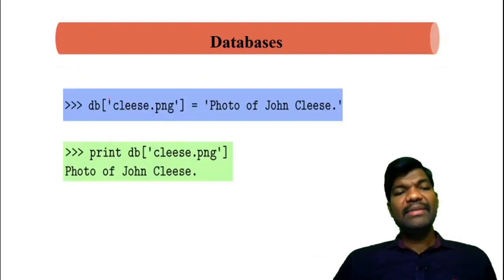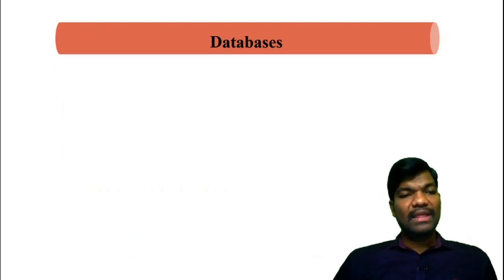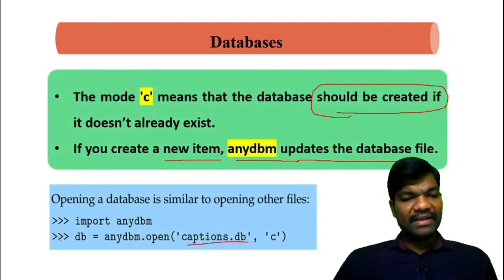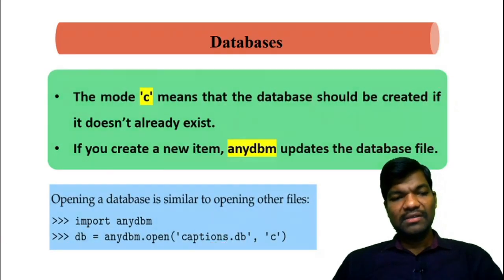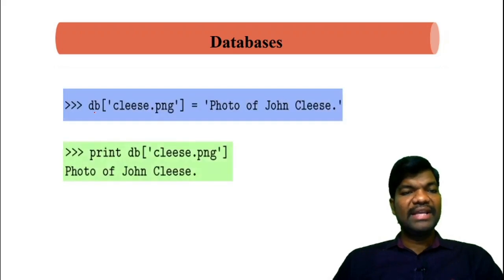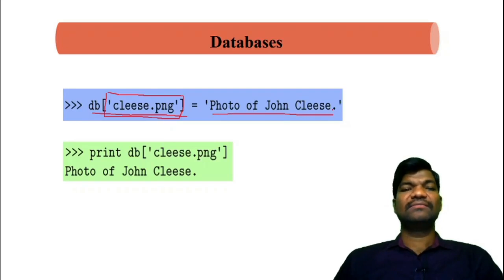Here the variable is db. I am giving it like this: db of please.png, this is one key, equal to photo of John Cleese, just like a dictionary. So db of key equal to value, this is a key, this is a value.